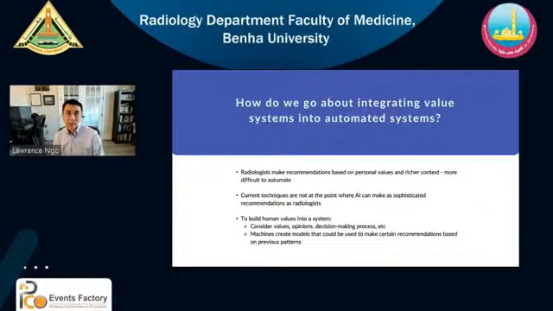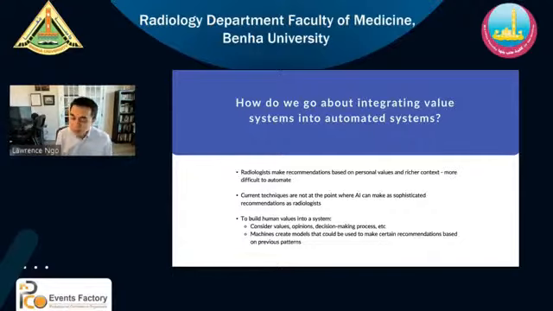So there are different ways to approach this. I don't know if there's quite a best way to do it, but maybe one could take a cue in the future from what RadAI is doing, the company that I mentioned earlier that analyzes the findings and then generates an impression. You could potentially get an algorithm to analyze your practice pattern as an individual radiologist, how you tend to call incidental lesions at different ages, and train an algorithm to follow your own practice pattern.